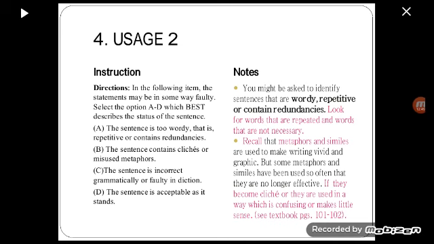If they are mixed metaphors, that too is something we need to remind ourselves of. Now, when expressions are used in such a way that they are no longer effective in everyday life, they are often called cliches.